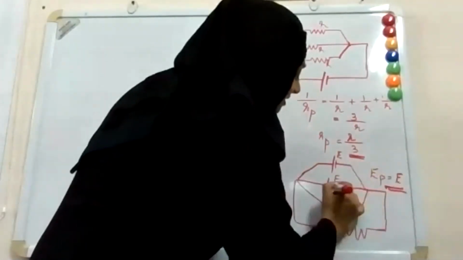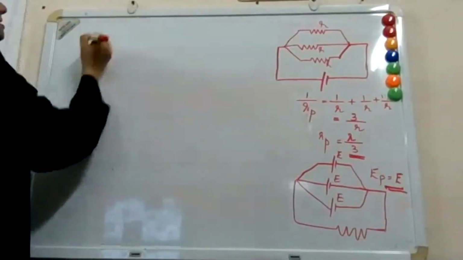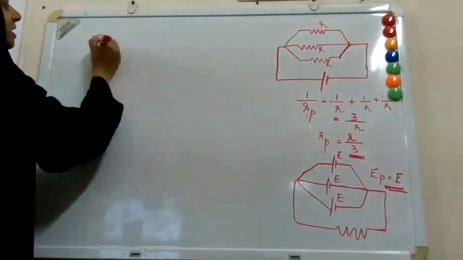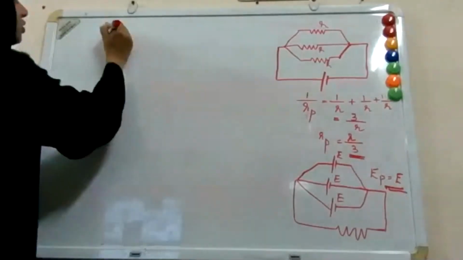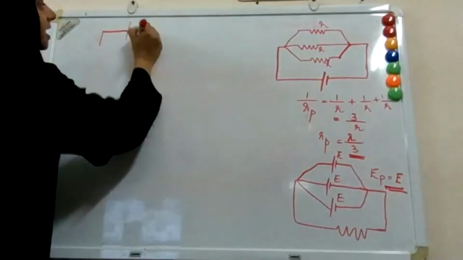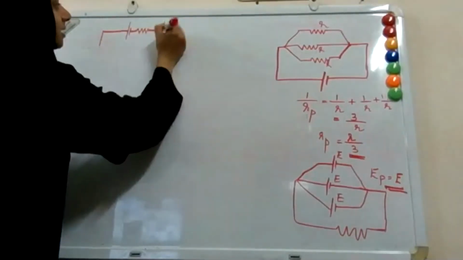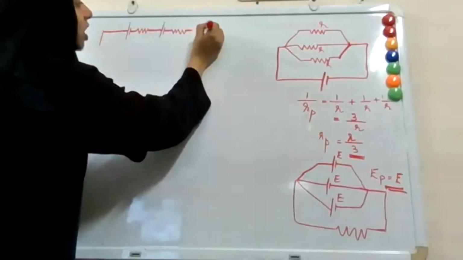We will require these two cases when we derive the current. So the current when the cells are connected in parallel. For that, I will show the identical cells again. I'm showing only 2 here, then putting dots.